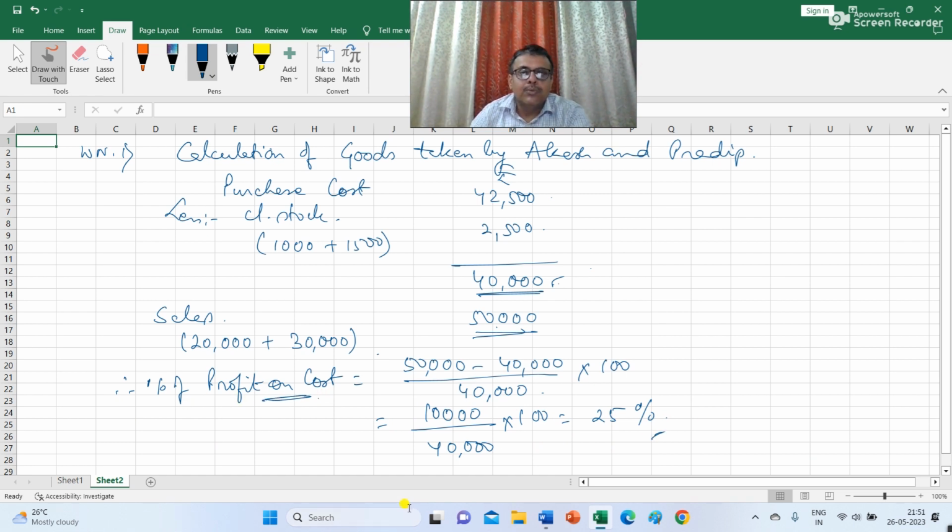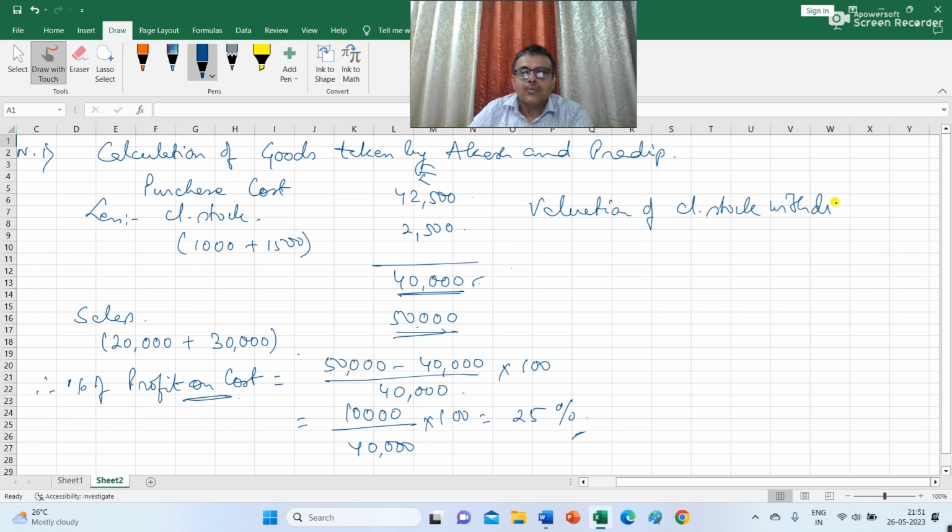Now what is the value that will be taken over by Akash and Pradeep? So, valuation of closing stock withdrawn by Akash and Pradeep.